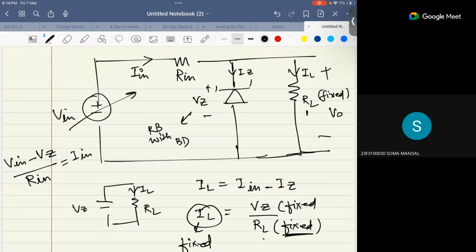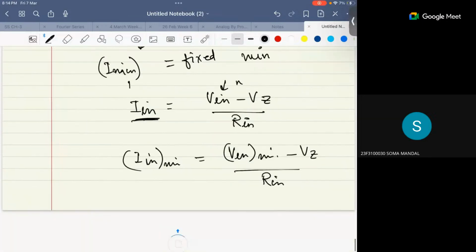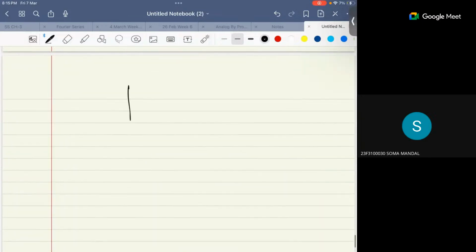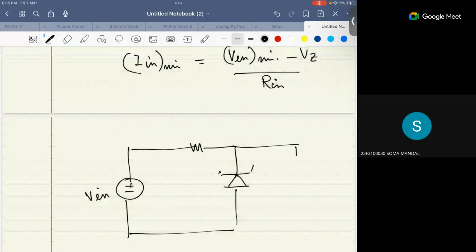Okay. And similarly, there can be another condition where your V input is fixed. And you can have a resistance here with a Zener diode, and then RL can be variable.